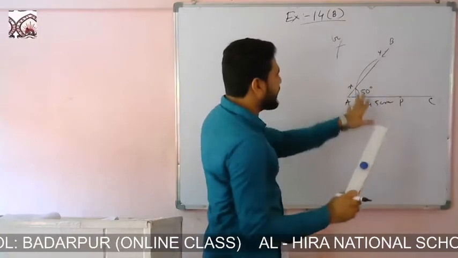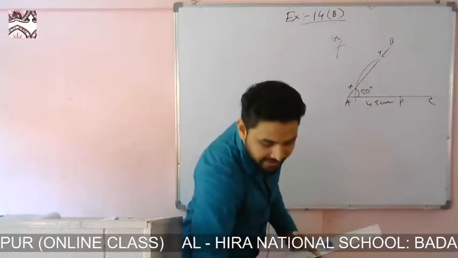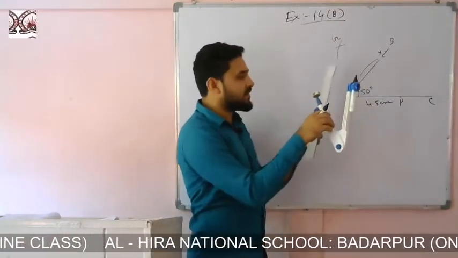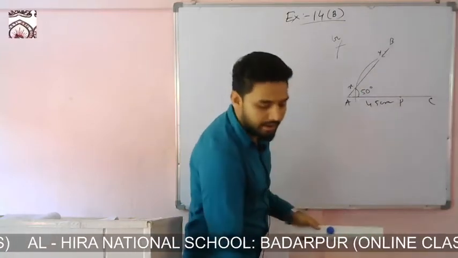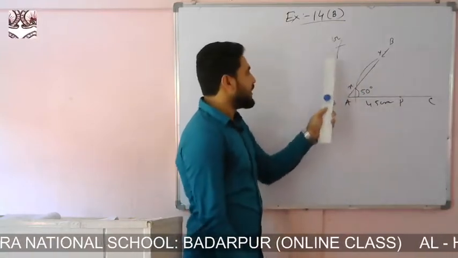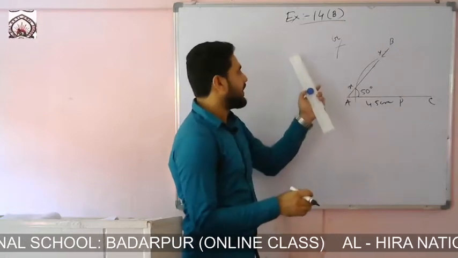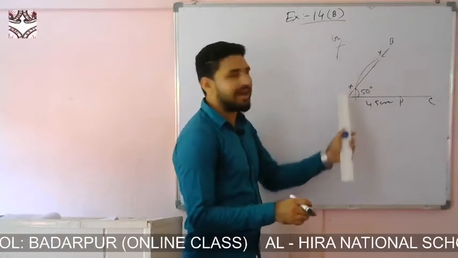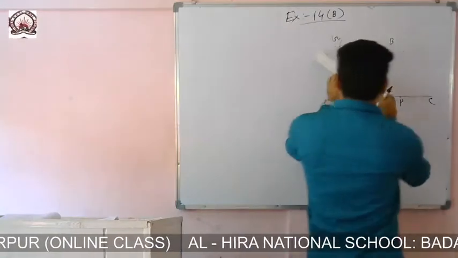My diagram may not be accurate because I cannot take the measurement accurately with these instruments from the board. But if you draw in your copy with the geometrical instruments, then it will come exactly. So you join this one.